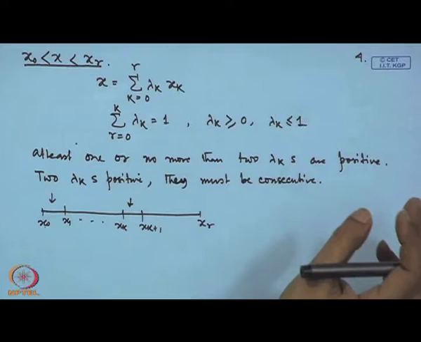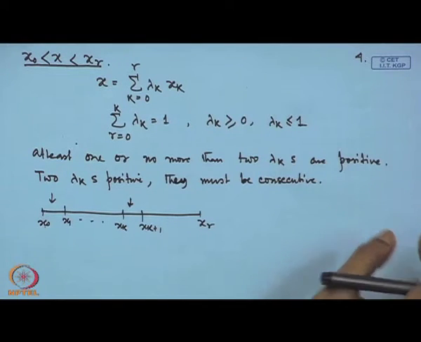The same idea we will extend to express the function fx in terms of r plus 1 number of grid points. Just see in the next how I am expressing that fact.